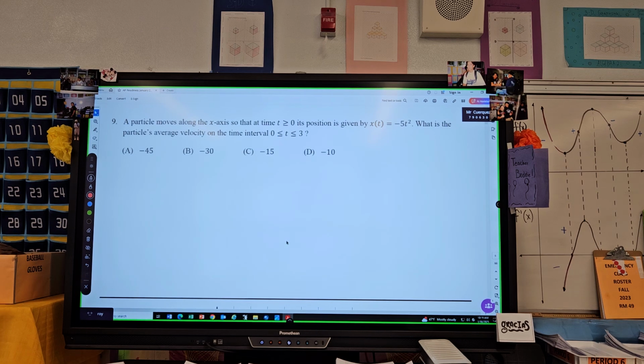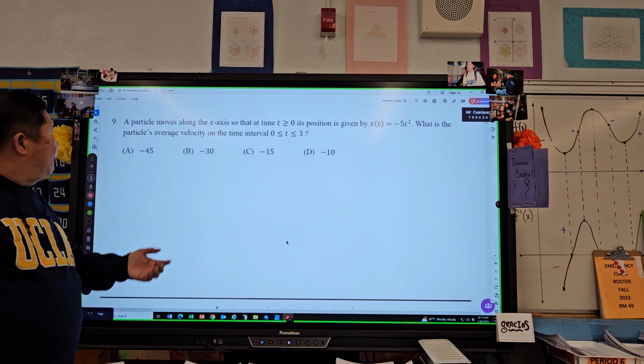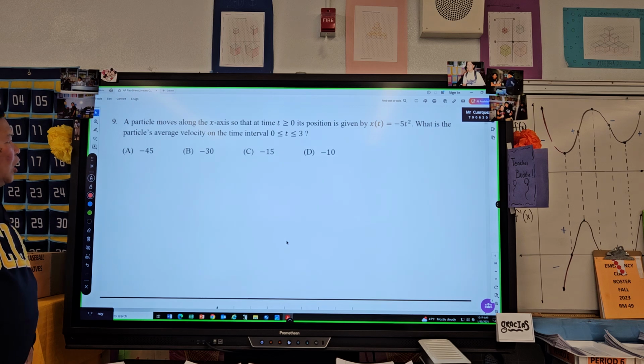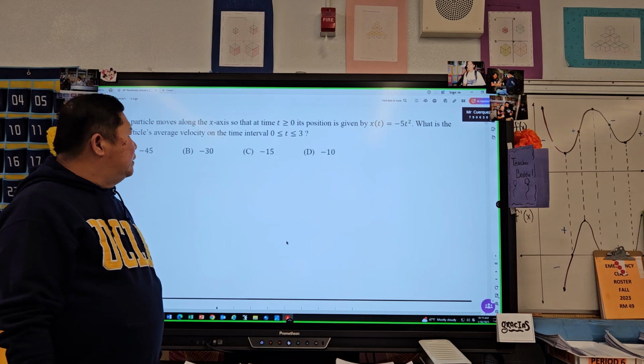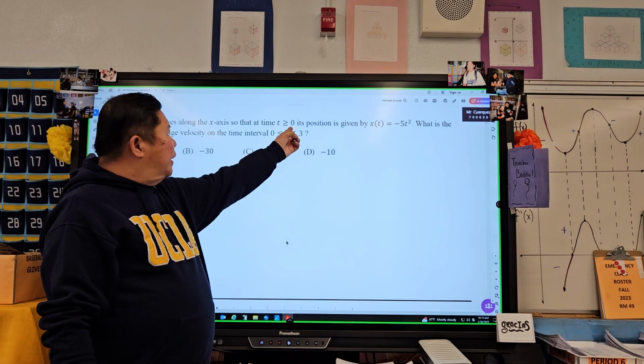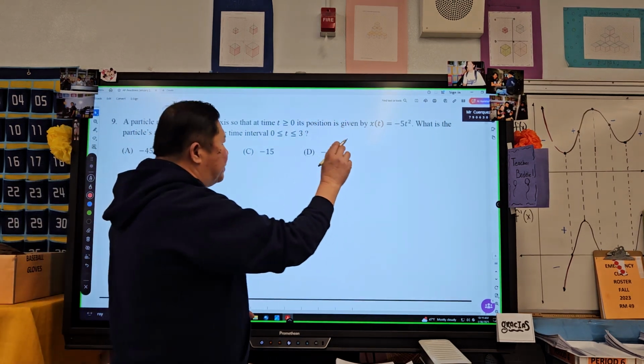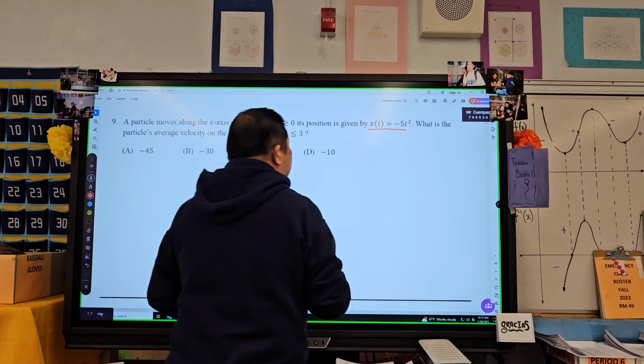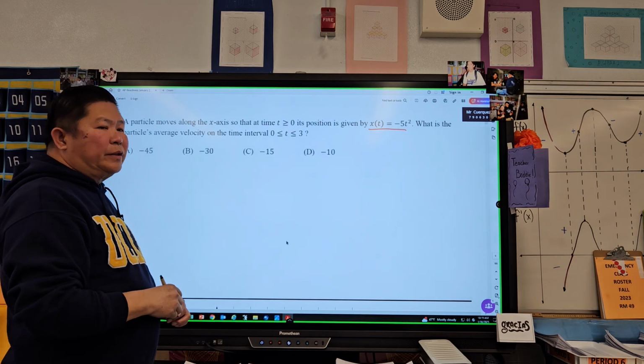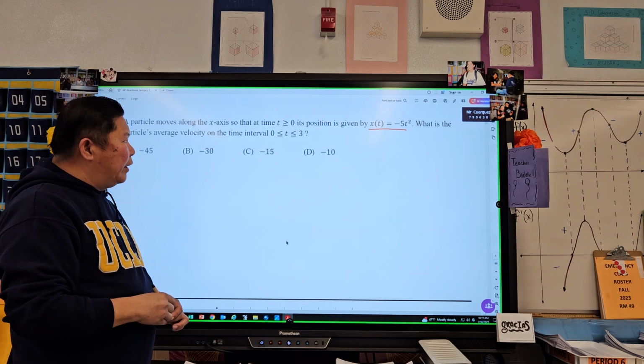Okay, so next problem. A particle moves along the x-axis so that at time t greater than or equal to 0, its position is given by, so this is the position function, guys, x of t is equal to negative 5t squared.